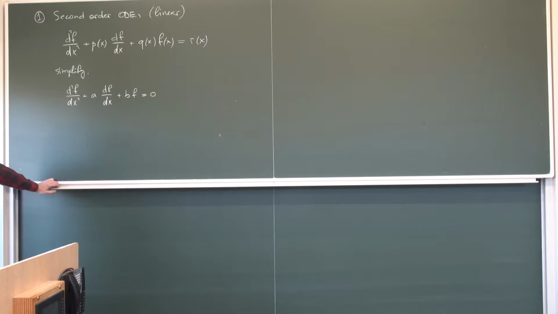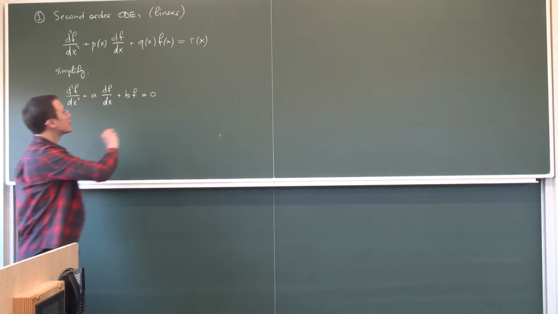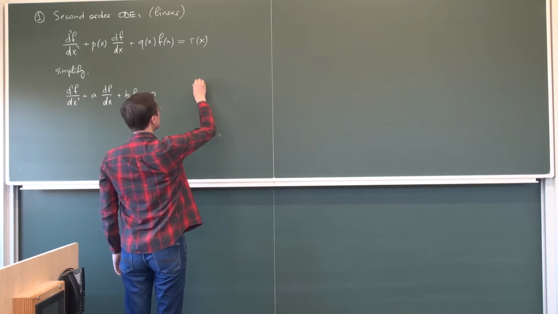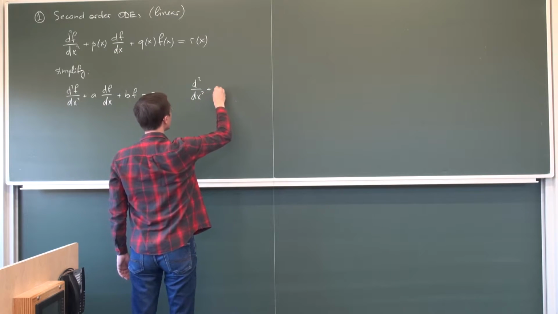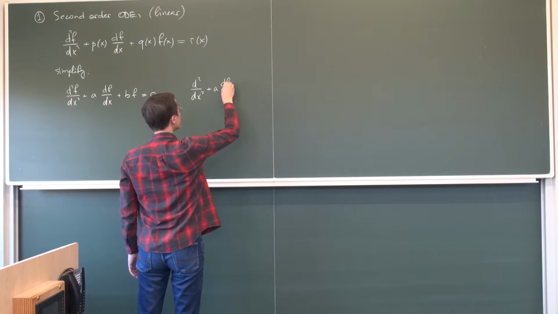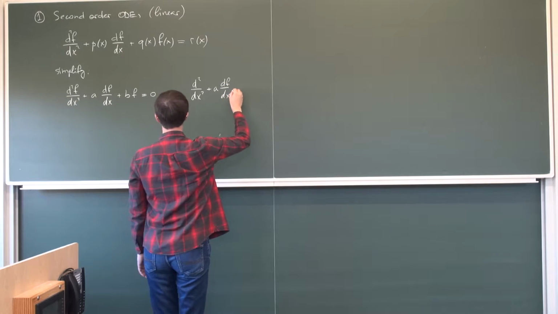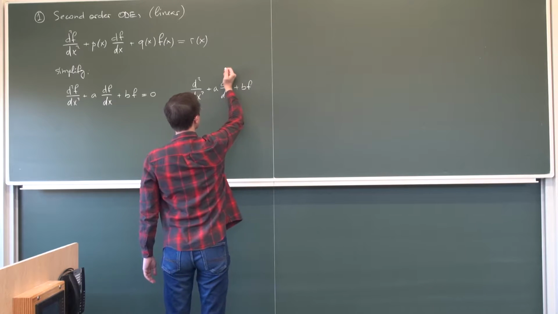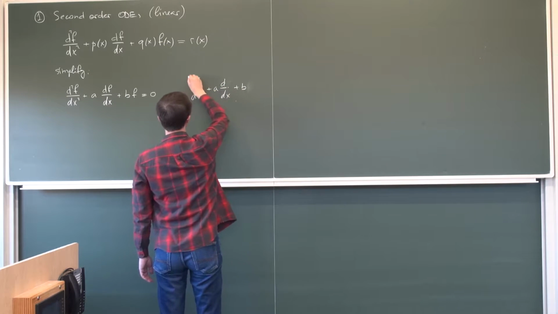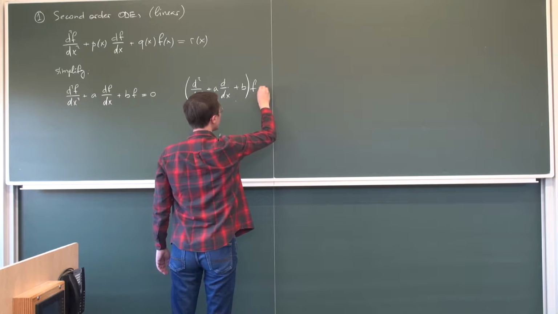Let's think about a function that would satisfy such an equation. Let's look first at the functions that this entire operator leaves unchanged. So we have d² by dx² plus a d by dx plus b, acting on f, equals 0.